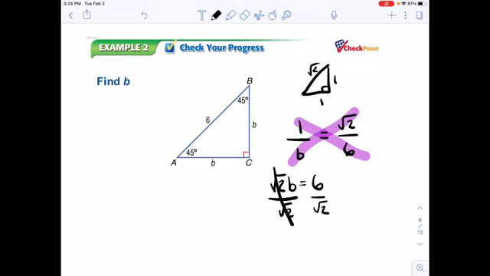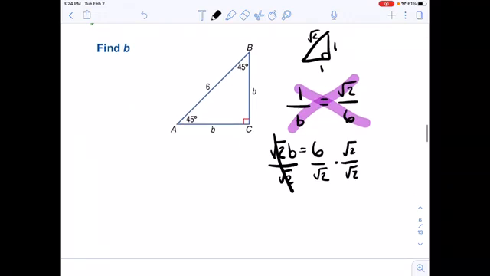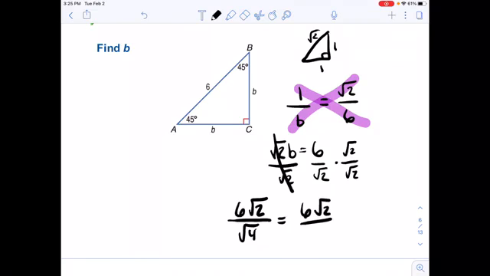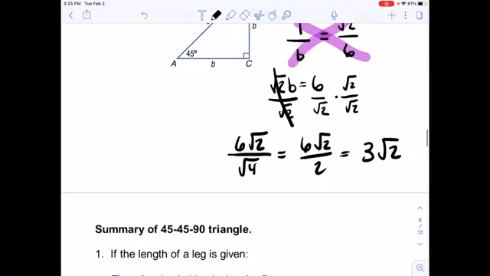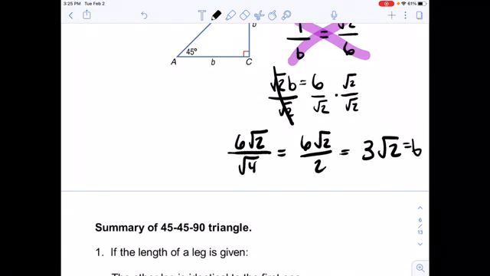Now I have b equals 6 over root 2. I want to go ahead and rationalize, so I multiply by the denominator in both the numerator and the denominator, incognito 1. So we get 6 root 2 over root 4, which is 6 root 2 over 2, which is 3 root 2 as our solution for b.